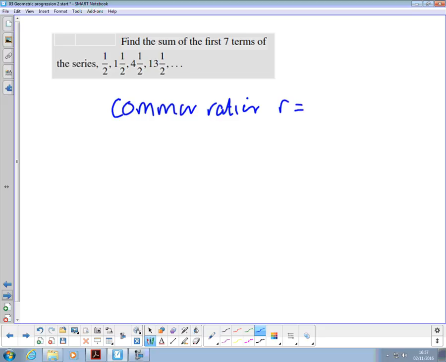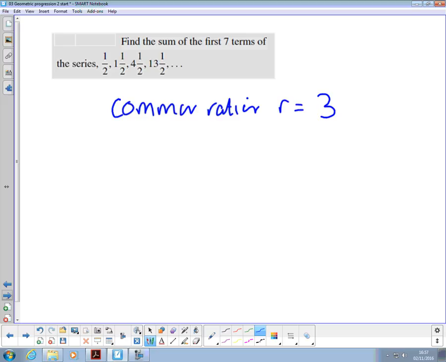It's gone from a half to 1.5. What have we done? And then we're going from 1.5 to 4.5. Yeah, the differences are 1, 3, and 9. So what are we doing each time? Multiplying by 3. Common ratio R is 3 in that one.